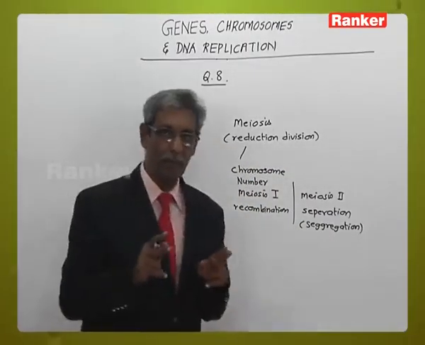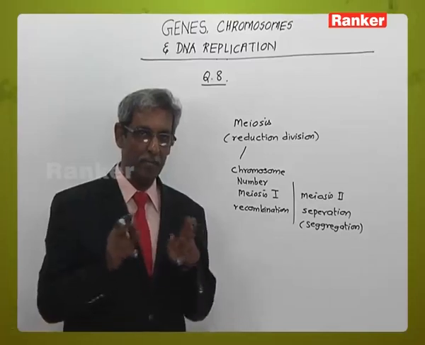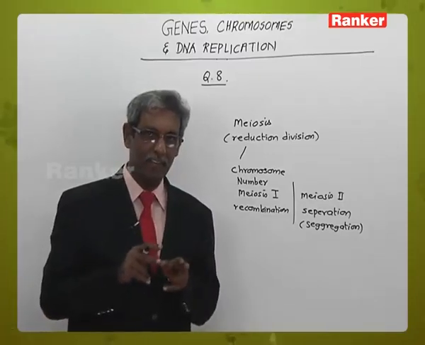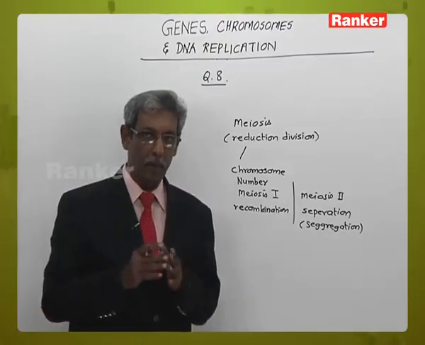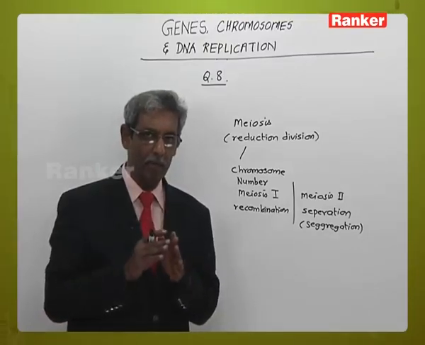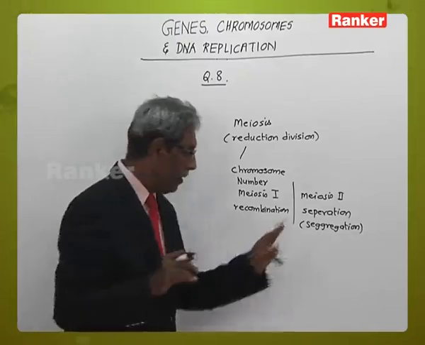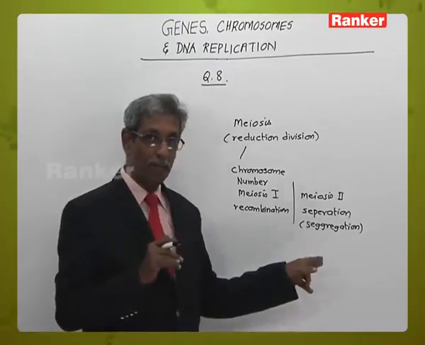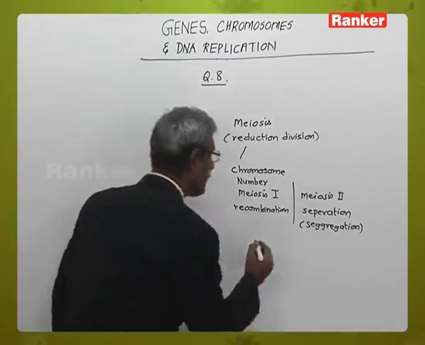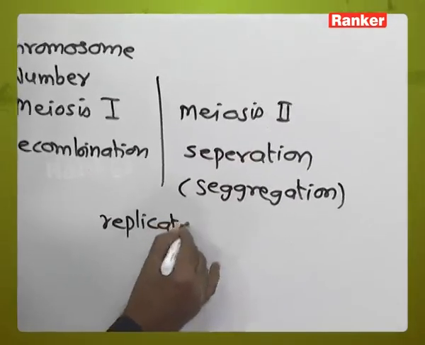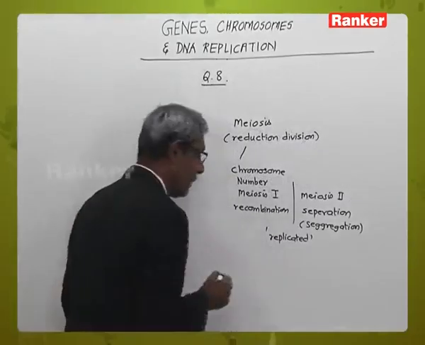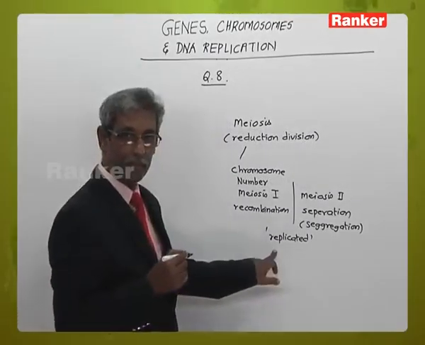When two pairs of chromosomes from the paternal and maternal chromosomes come together, there is genetic exchange of the material, there is crossing over, later on there is a formation of a tetrad and all the chromosomes get separated out. So, there is a segregation of the replicated chromosomes. The meaning of the term replicated is that it is doubled.